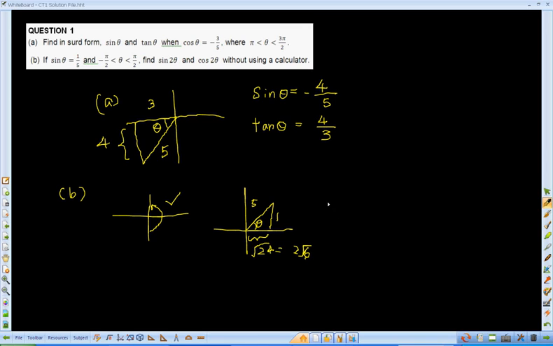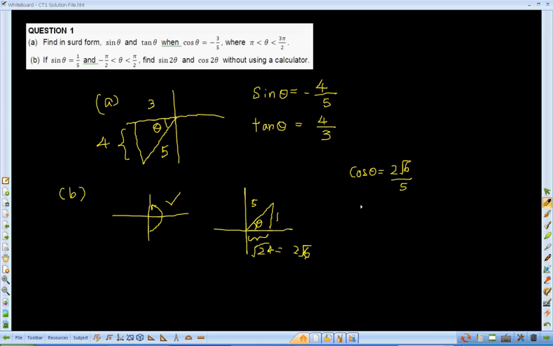Okay, 6 right here, and therefore you can then get your cosine theta as 2 square root of 6 over 5, positive because in the first quadrant.